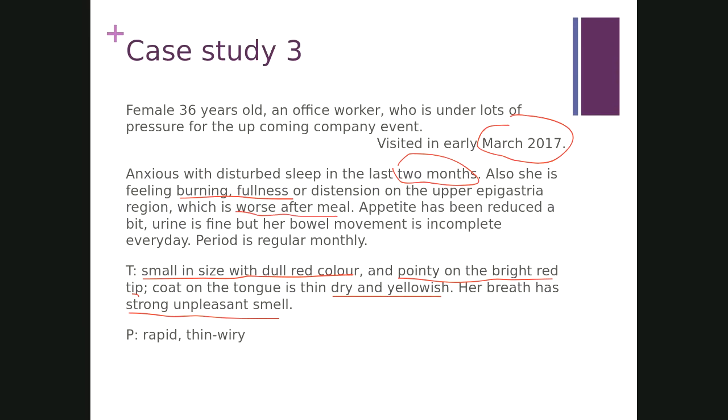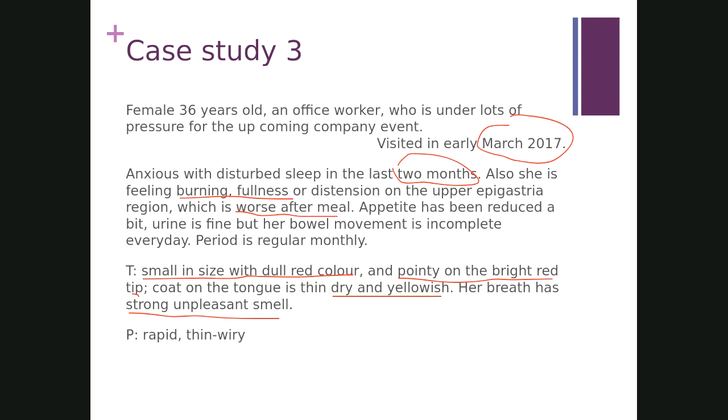Burning and fullness, a distension feeling in the upper epigastric region, is usually related to hiatal hernia, some level of inflammation in the hiatal region, and these patients usually have unnoticeable regular acid regurgitation burning.